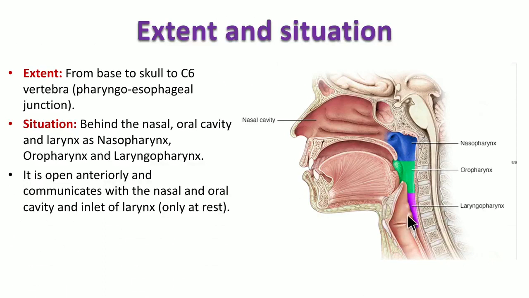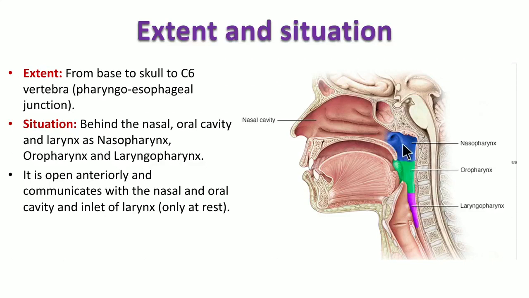This opening or communication between the inlet of the larynx and the laryngopharynx is only at rest, that is, when the constrictors or the other muscles of the pharynx are not acting.